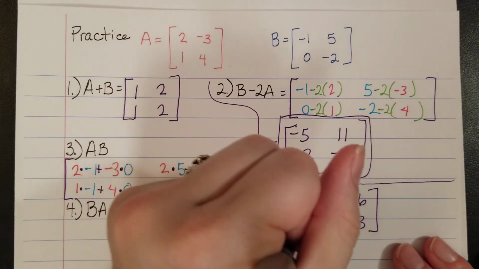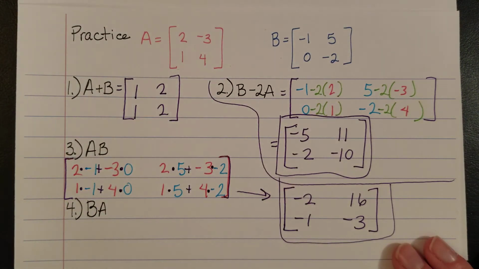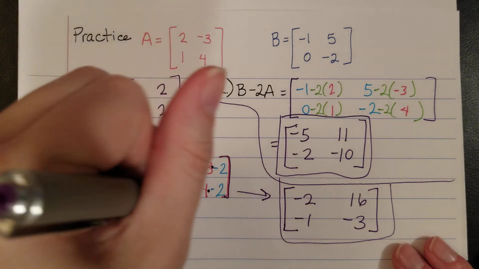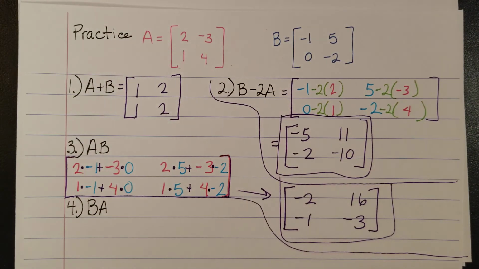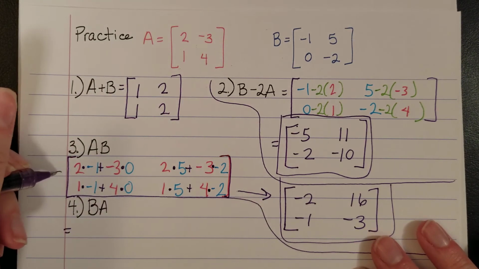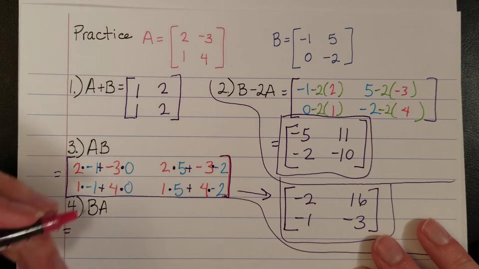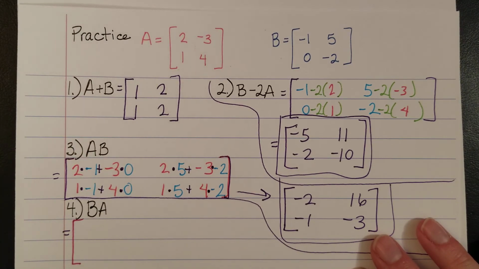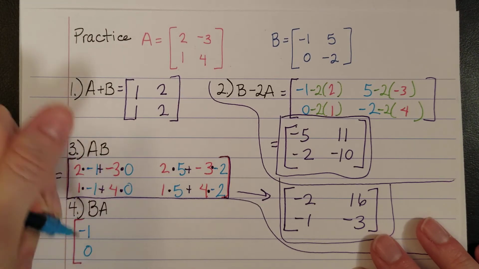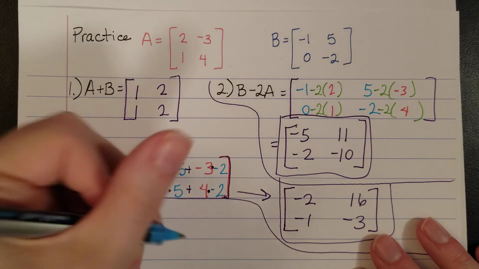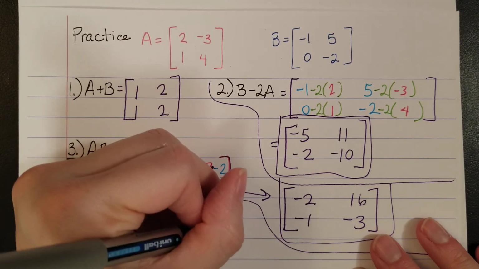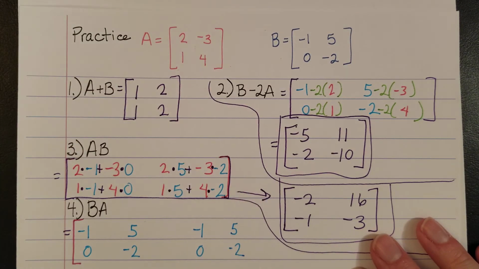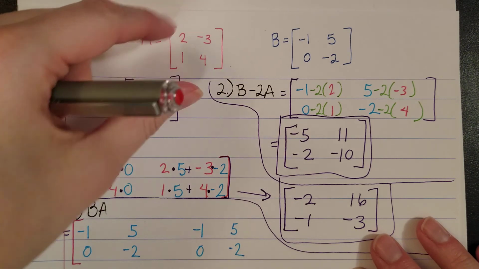All right, and then let's do B times A. So we'll write down the B matrix first, 2 times: negative 1, 0, 5, negative 2, negative 1, 0, 5, negative 2. Take the column and turn it.